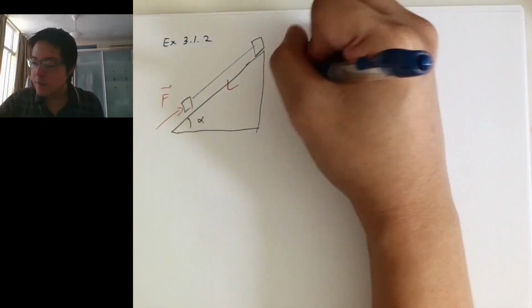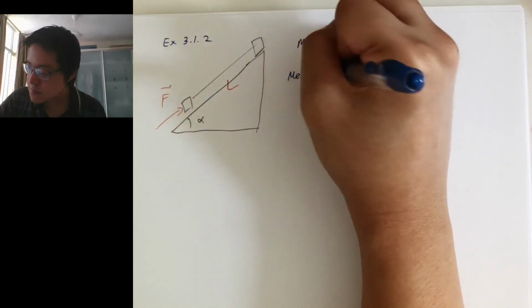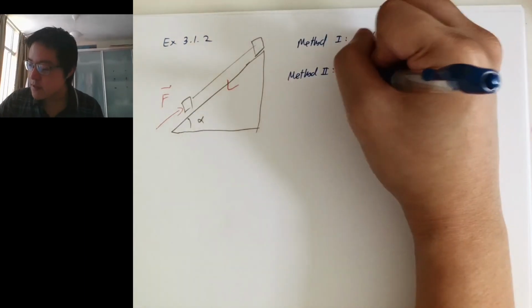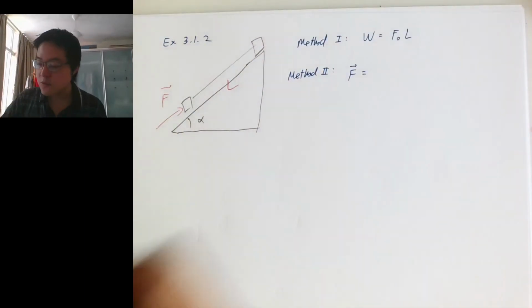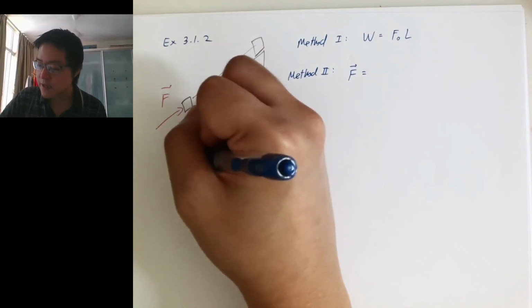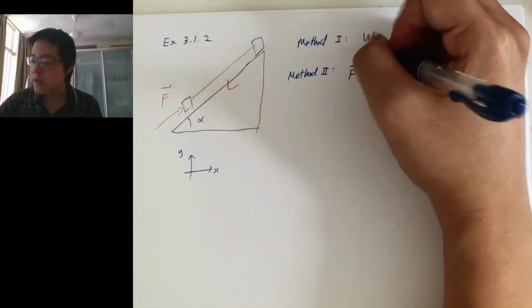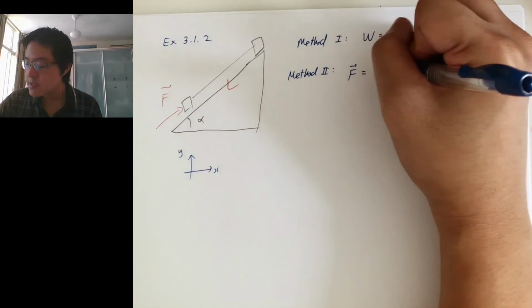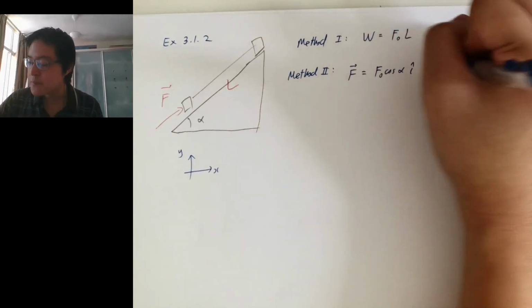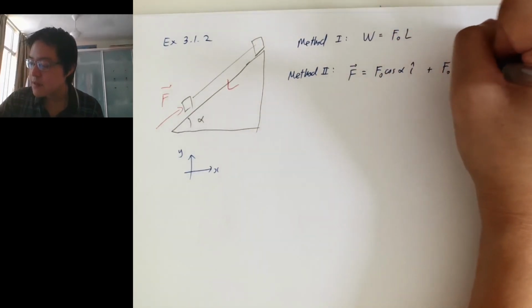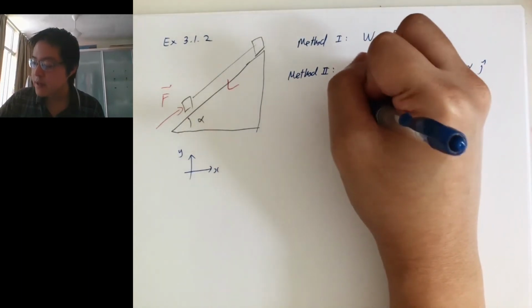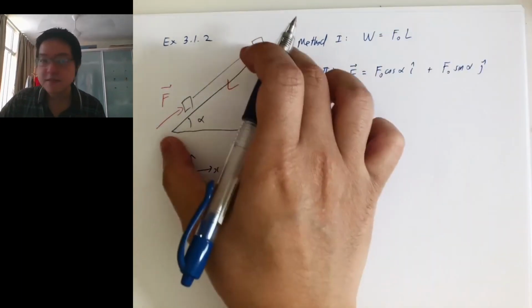So for method 2, I need the vector components. So again, I resolve it this way. My horizontal component is F cos alpha i, and then F sine alpha j, and then my displacement is this part.